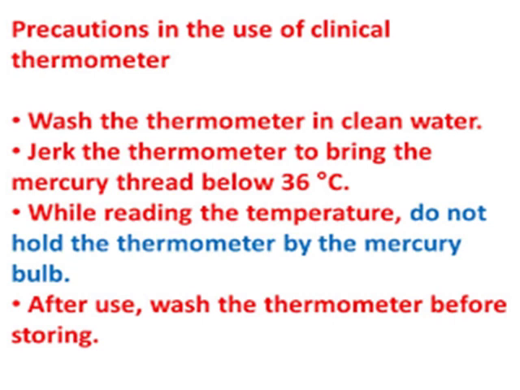Read the thermometer keeping the level of mercury along the line of sight. While reading the temperature, do not hold the thermometer by the mercury bulb. Next, after use, wash the thermometer before storing it. Handle the thermometer with care. Why? Because if it hits against some hard object, it can break.